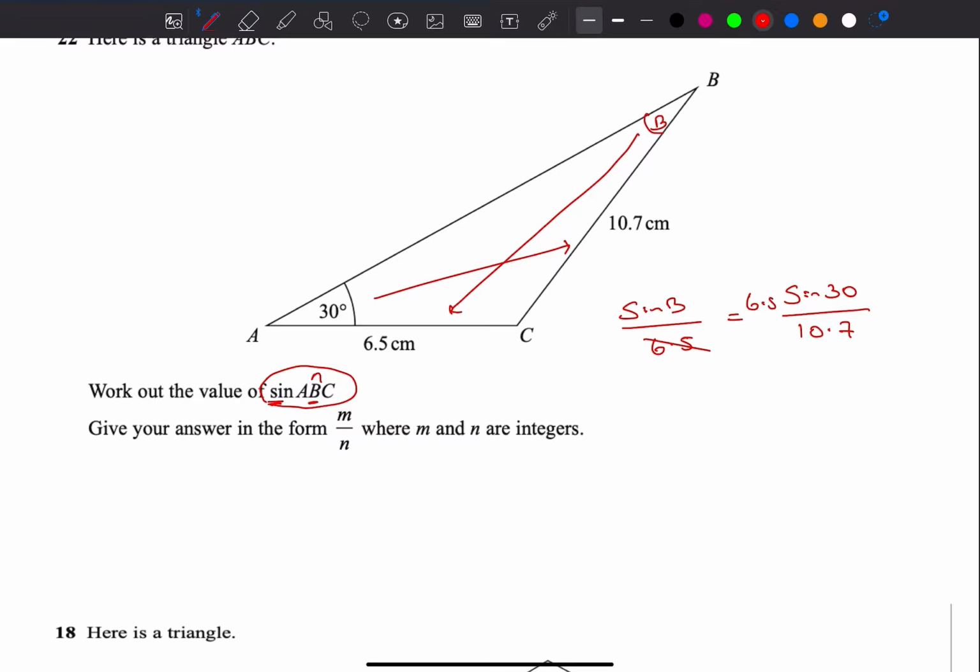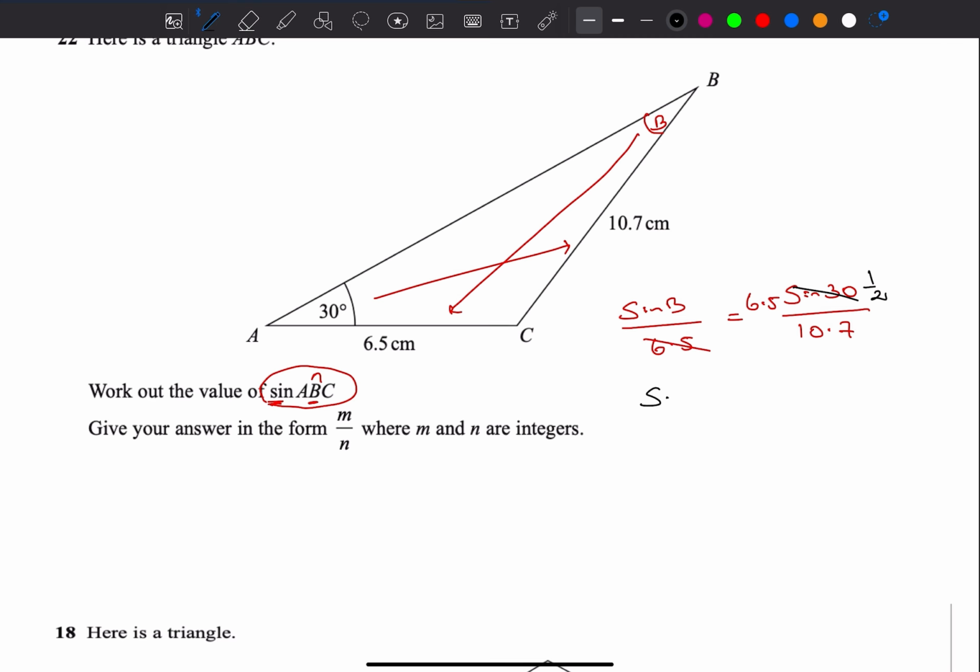6.5 goes here. Sine 30 is basically a half. So you can divide 6.5 and 10.7. You could go 65 over that.